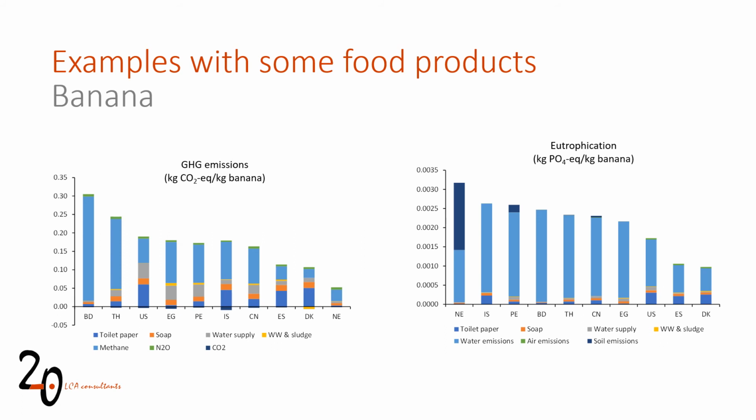And how does this compare with food production? Well, if we look at greenhouse gases, we can see that the impact of human excretion is very well in the range of impacts for banana production, and the same for eutrophication.